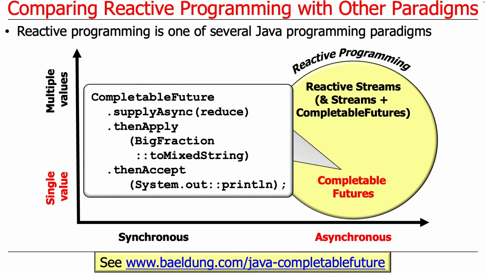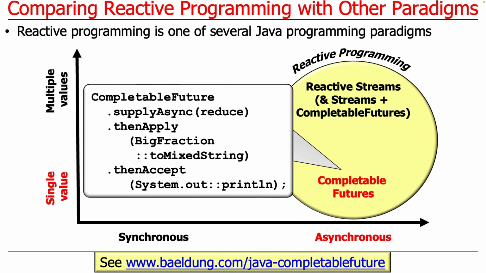And all of this is going to run in the background in a thread without blocking the caller. But there's a single value, which is, in this case, either the mixed string and or the results of printing things at the end of this little set of actions that are performed. These are called completion stage methods in the completable future parlance.